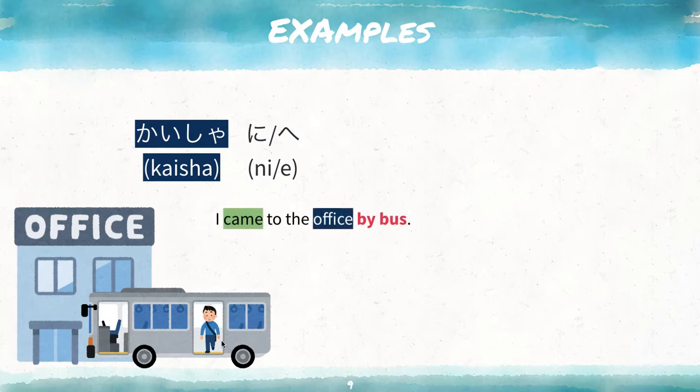So if I wanted to say I came to the office by bus, keep in mind we won't say "I will come." We say... but in this case we could say "I came to the office" because it's past tense.